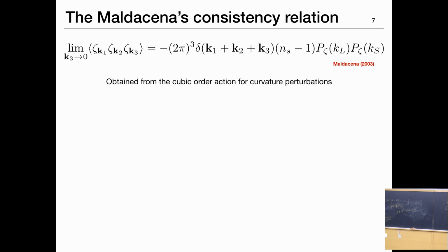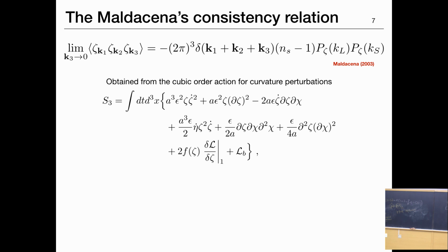This expression was obtained from the cubic order action for the curvature perturbations, which is a little bit difficult. But what is important, this relation indicates how two short modes, k1 and k2, are modulated by a long mode.